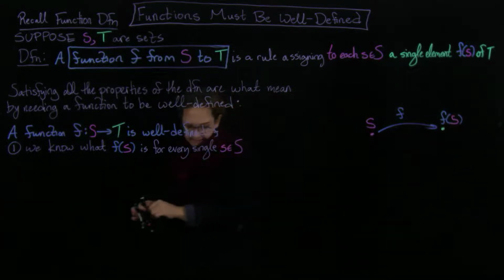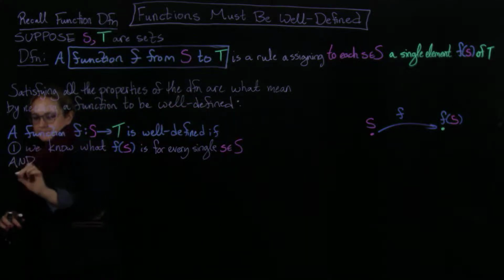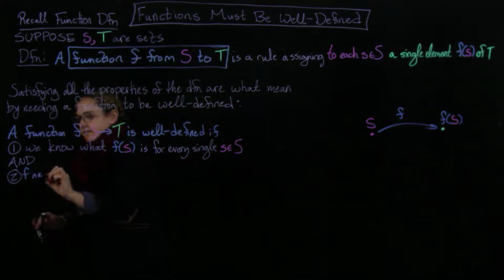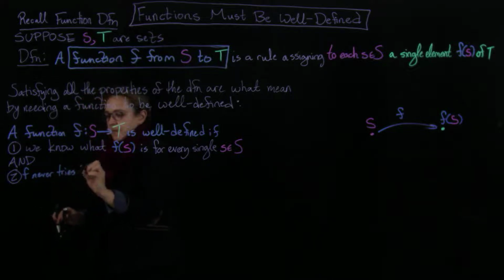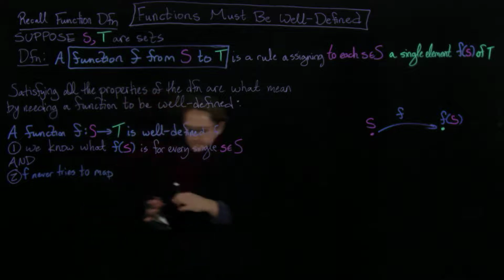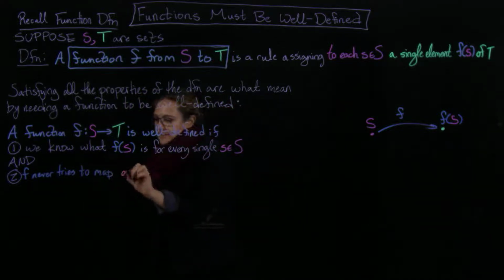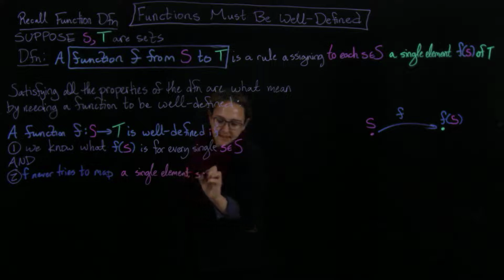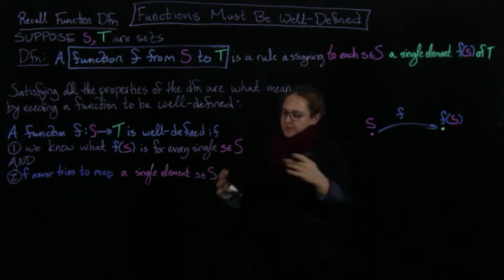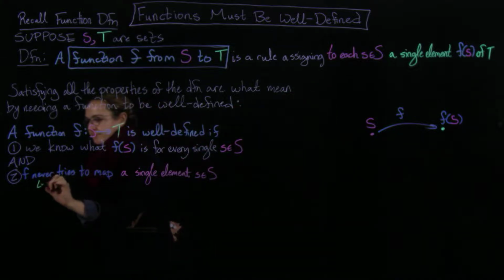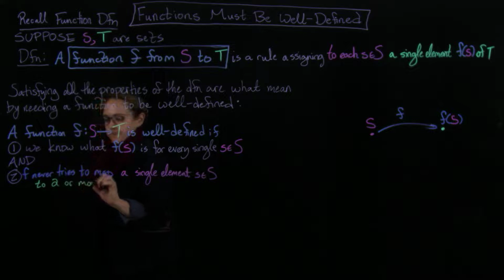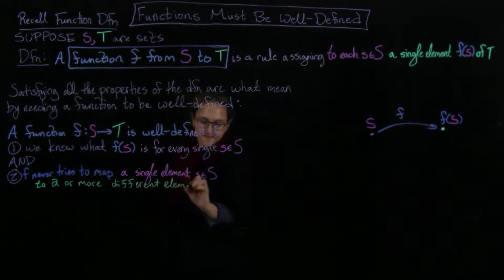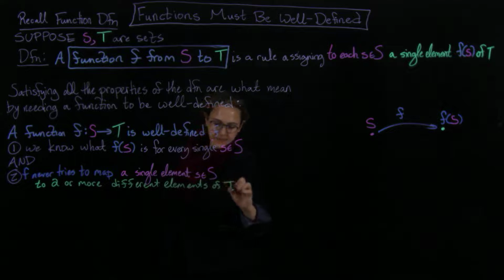Okay. And the next thing we need is that f never tries to map a single element s in S to two or more different elements of T. So here's what we don't do.